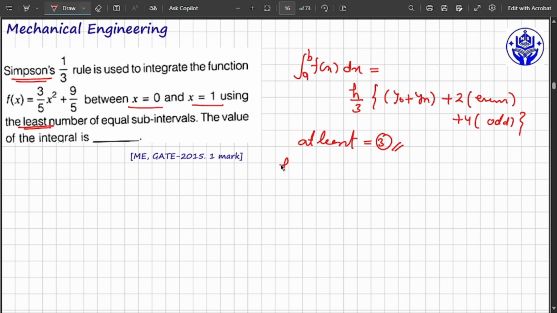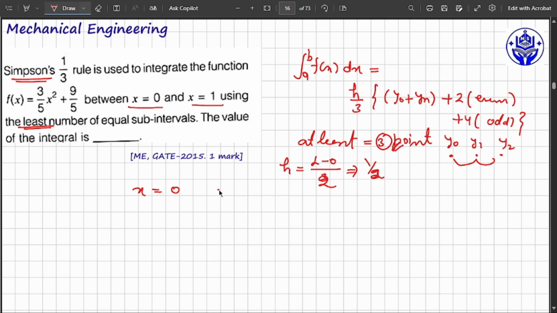So in this case my h is equals to 1 minus 0 by 3, it will be 1 by 3. Oh, is it 1 by 3? 3 points. Yes, it is 3 points. It means 2 subintervals. Sorry for that. At least 3 points. These are the points, it means y0, y1, y2. The n is 2.